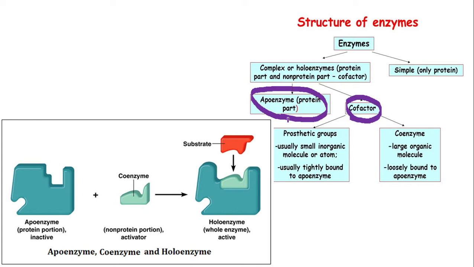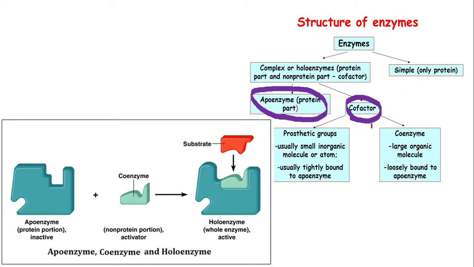Remember, in this topic, we are considering only the proteinaceous enzymes. But remember, all enzymes are not proteins. Never believe that all enzymes are proteinaceous in nature. When we study the proteinaceous enzymes, these factors are applicable.